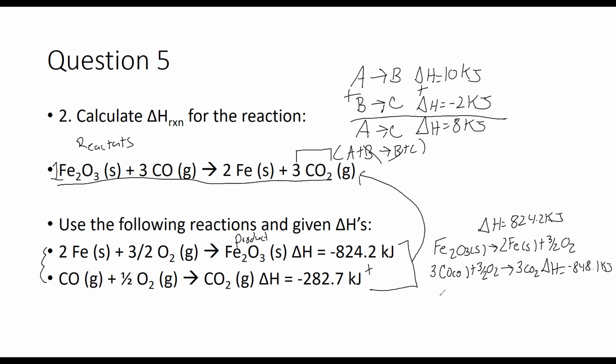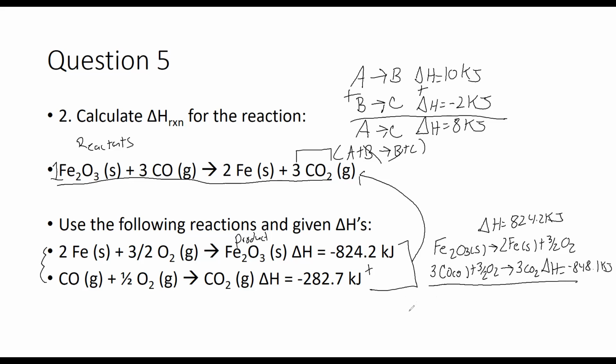And now I should be in a position to combine these, because my top reaction, I already said I don't want to mess around with it anymore. My bottom reaction, the moles are good. The position of the elements are good. I don't want to mess with that either. So let's combine them.